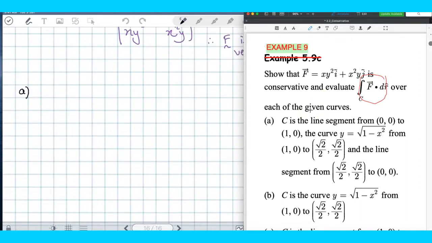Okay, so the case in A, you want to get the f dot dr where the curve is. So you have to read carefully. You have a line segment from 0, 0 to 1, 0, and you have the curve, basically given by y equal to the square root of 1 minus x squared.